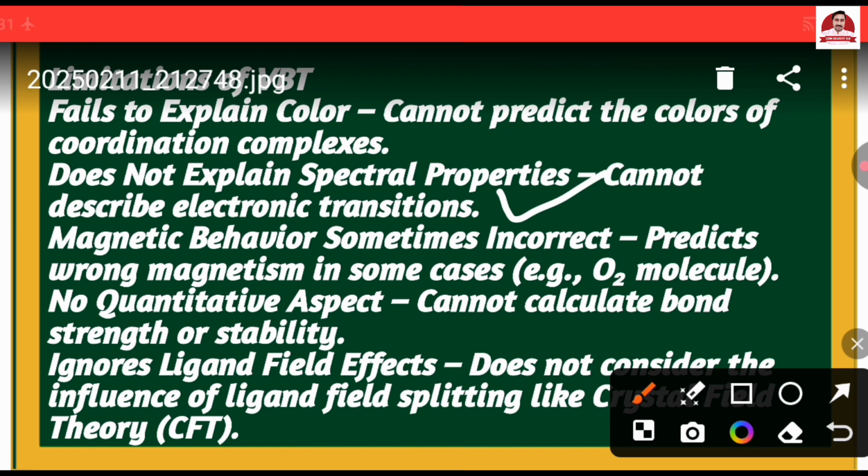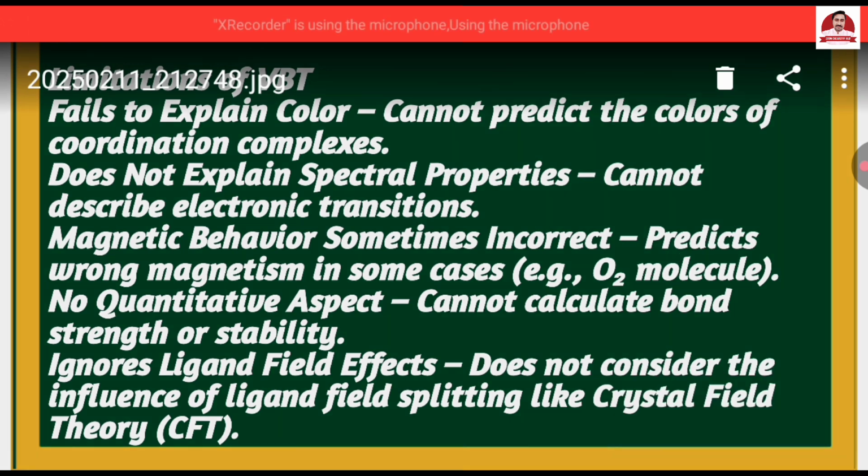Next limitation is magnetic behavior, sometimes incorrect. It predicts the wrong magnetism in some cases, for example in the case of the O2 molecule. Next, no quantitative aspects, so it cannot calculate the bond strength or bond stability.